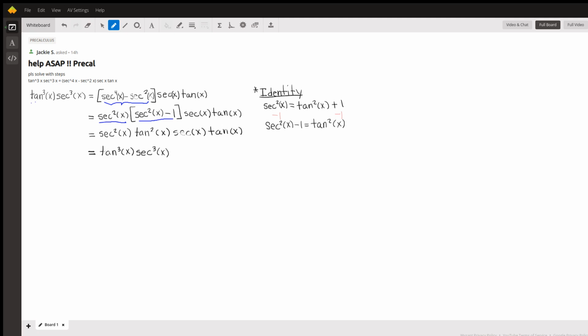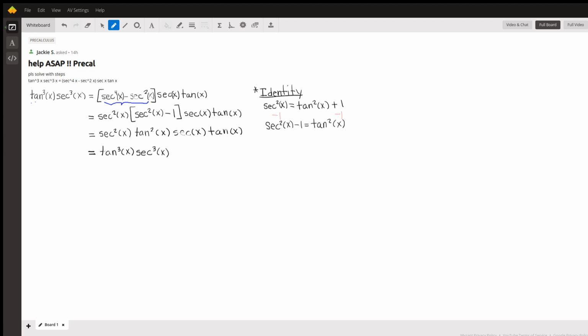If you need to brush up on your factoring, I highly encourage you to do so. Now you can double check that you did this correctly. Just keep in mind that factoring sometimes is, quote unquote, the reverse of the distributive property. So you can check with the distributive property that you've done your factoring accurately.